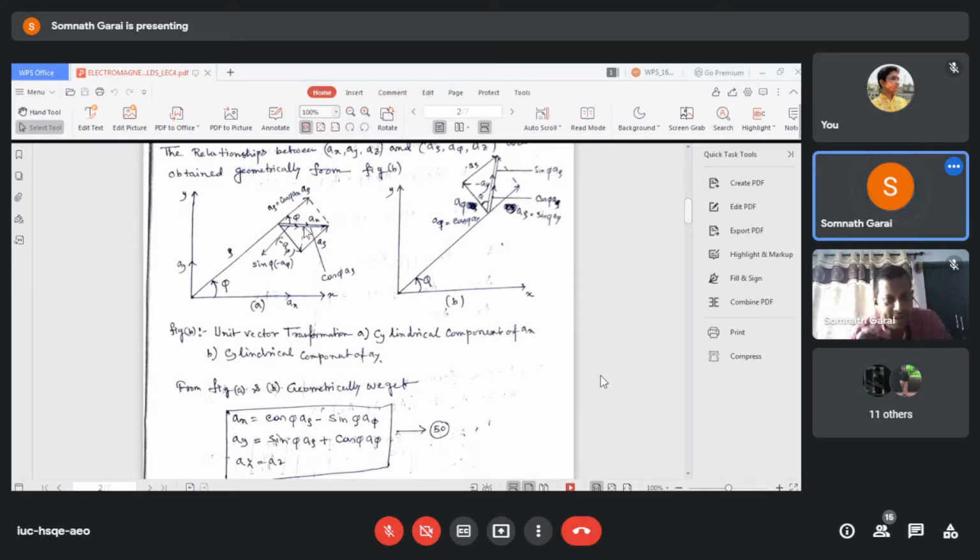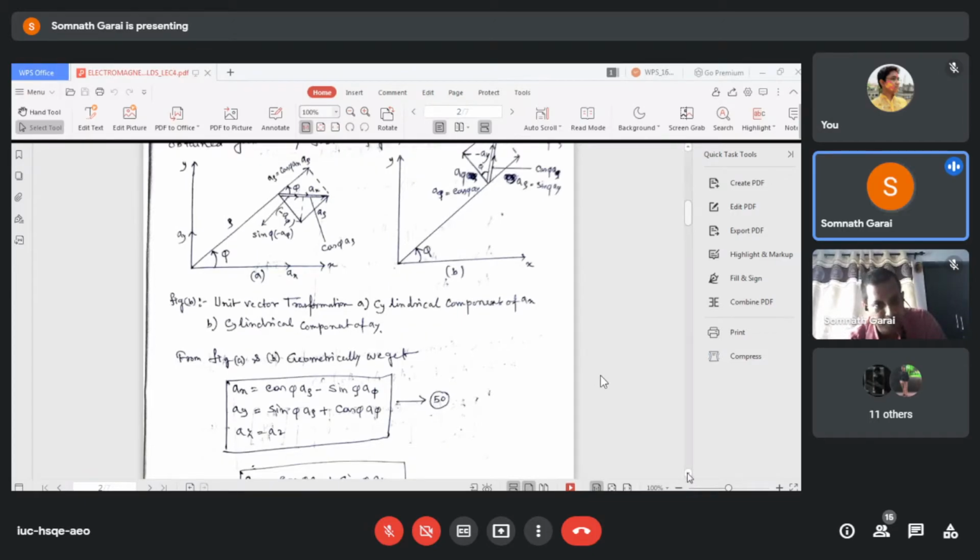So ax is the addition of two vector components, one constituted by a rho and another constituted by a phi. That's why ax is equal to cos phi a rho minus sin phi a phi. Got my point? Clear? Clear to all?